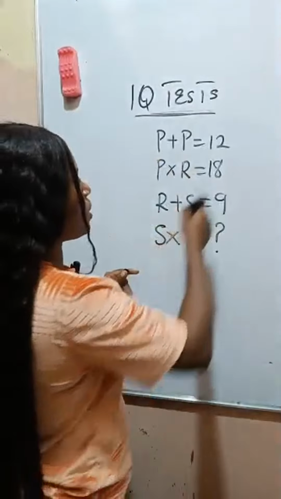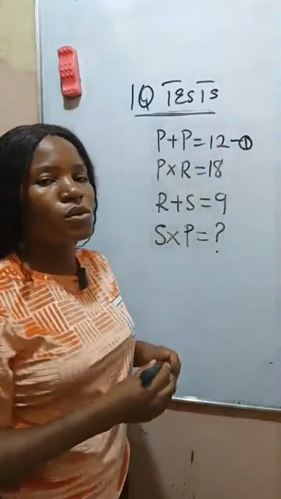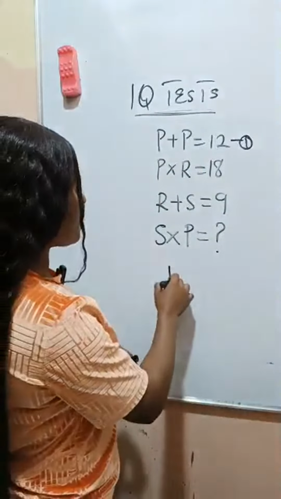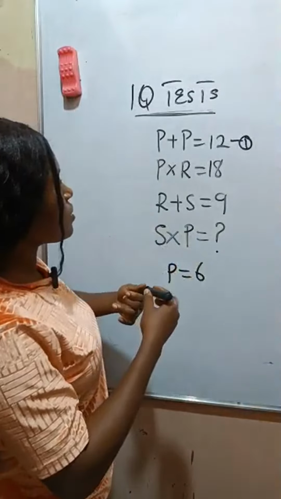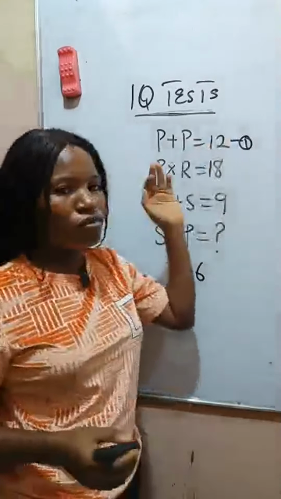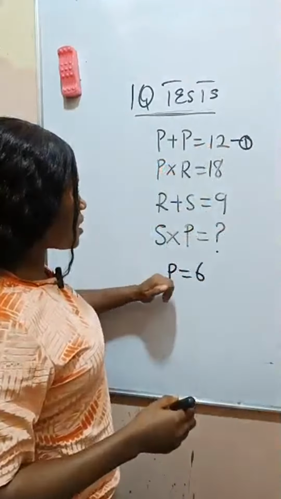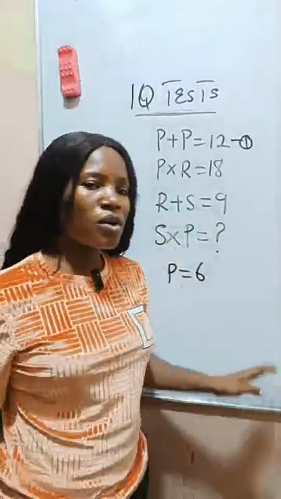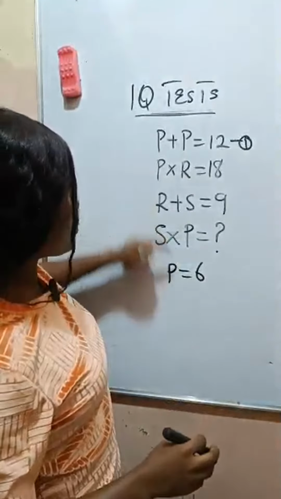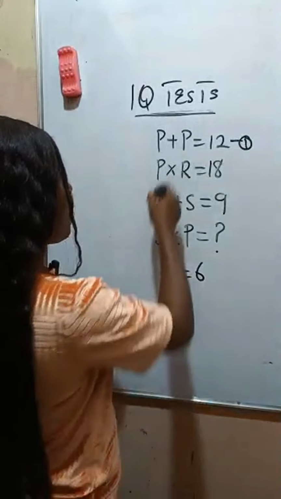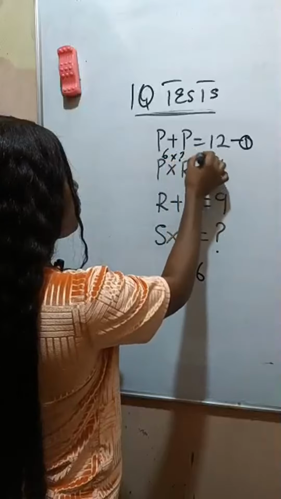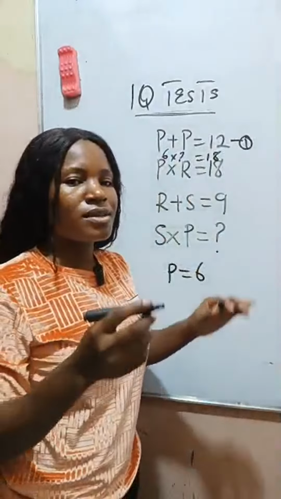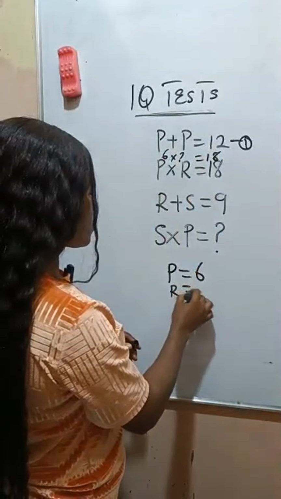The weakest equation here is equation 1, because you can tell without stress that P is equal to 6, because 6 plus 6 gives 12. Now you start substituting what you got into the others to get the remaining variables. If I substitute 6 into equation 2, 6 times what will give me 18? We all know that 6 times 3 is 18. So that simply means that R is equal to 3.